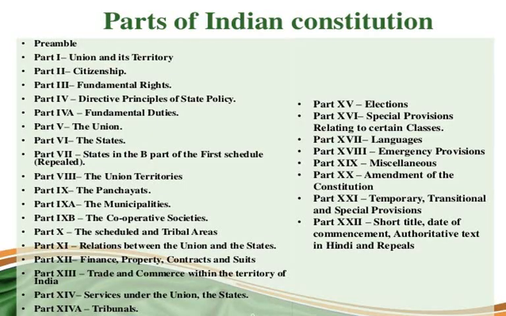I want to tell you that the Constitution of India is divided into 25 parts, and we have studied about Part 3, which deals with the fundamental rights, and Part 4, which deals with the directive principles of state policy, and Part 4A, which is fundamental duties.